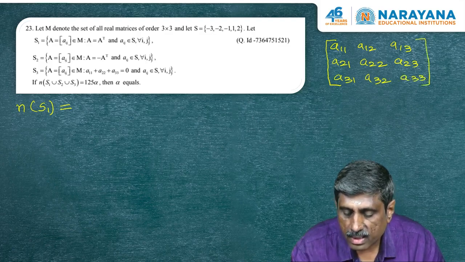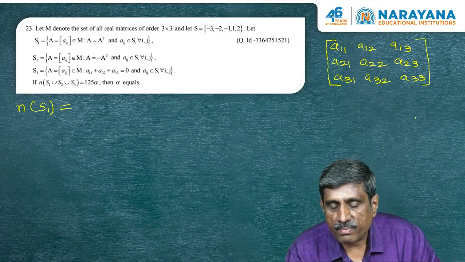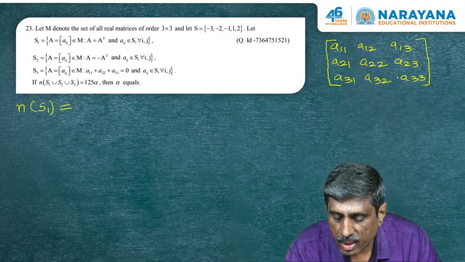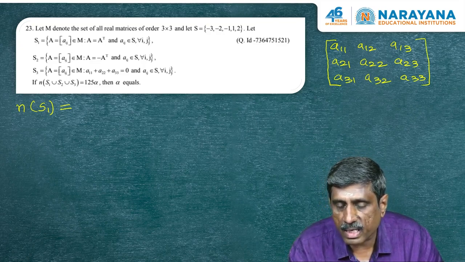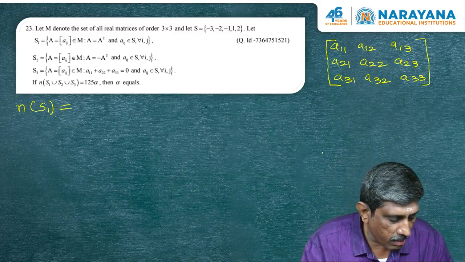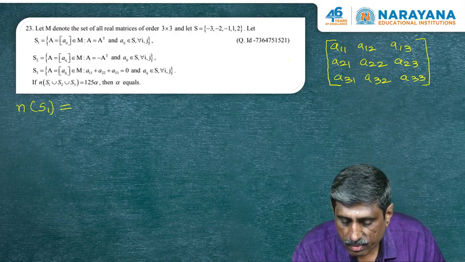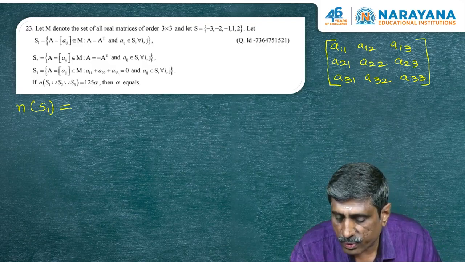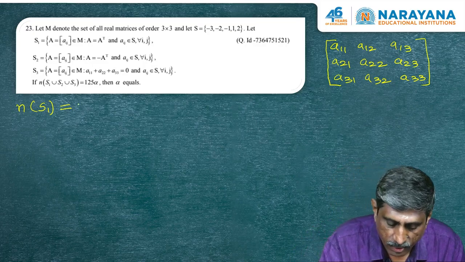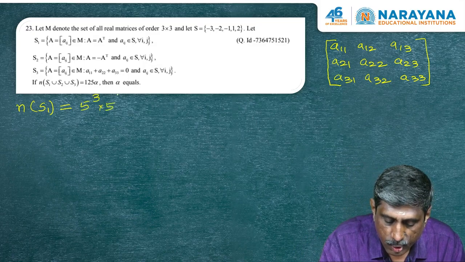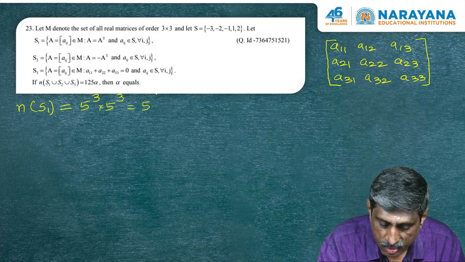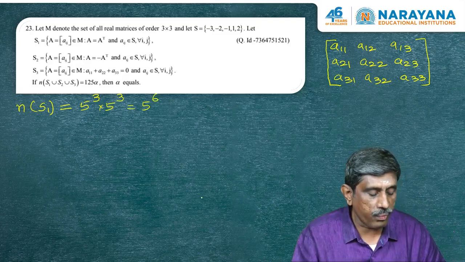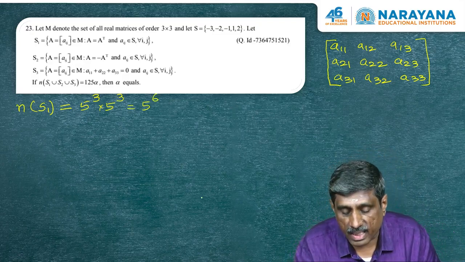And in this case, if you want the matrix to be symmetric matrix, we can form the elements only in the diagonal and upper diagonal. Automatically the lower diagonal elements will become the mirror image. Therefore, how many possibilities we have? 5, 5, 5, because we have 5 elements in the set S. So, 5, 5, 5, here also 5, 5, 5. Therefore, 5 cube elements in the diagonal and 5 cube elements in the upper part of the diagonal. So, 5 power 6 possibilities we have to form the matrix which is symmetric.